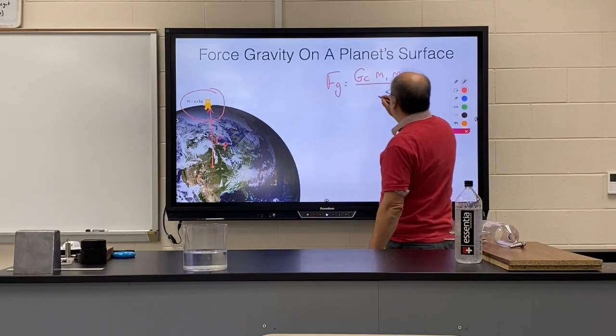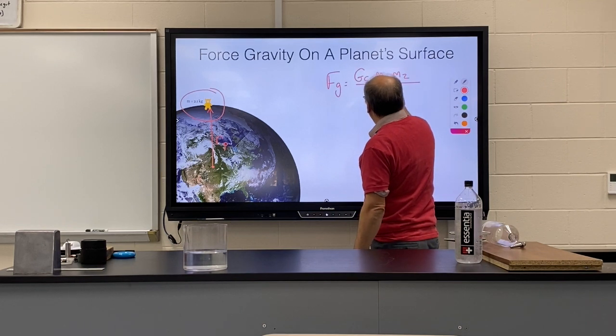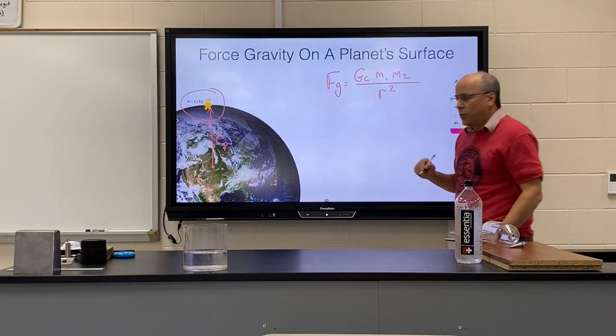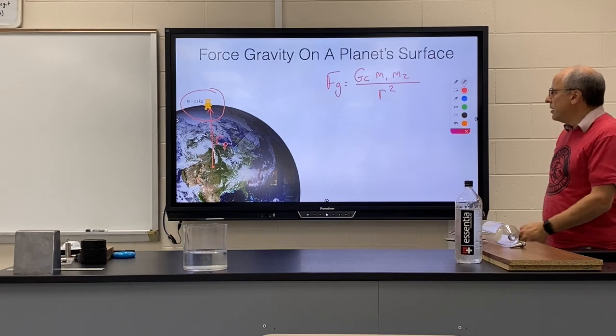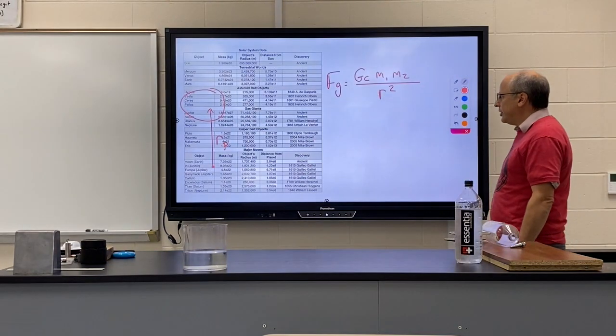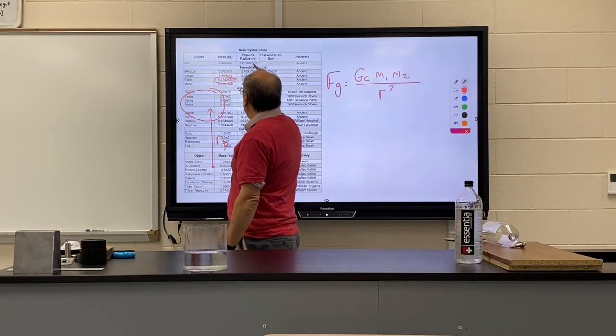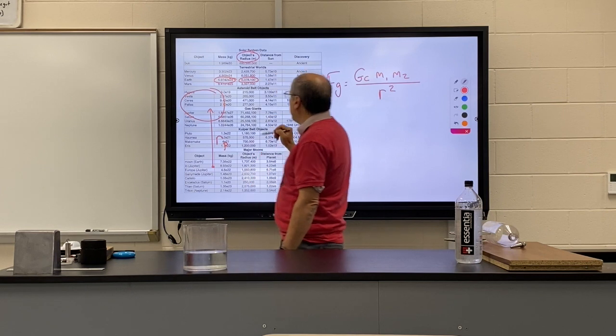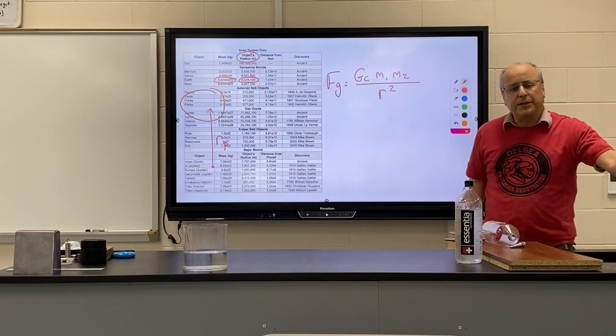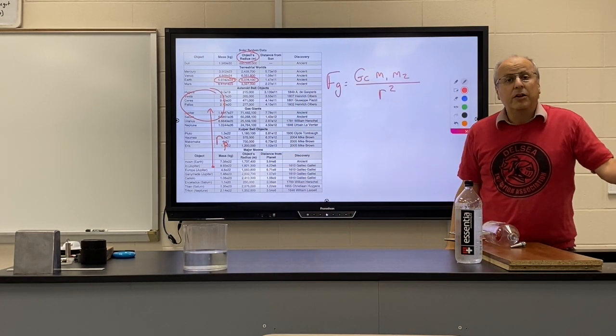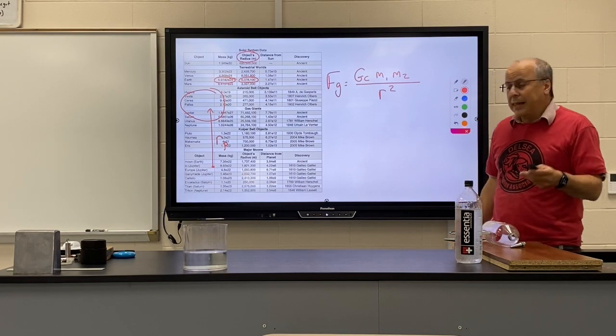And for radius, you want to use the radius of the planet and you square it. Okay? So you go back to your reference sheets. You'd use the mass of the Earth, and this time use the radius of the Earth. So don't put how far it is from the sun or moon, they're unimportant. Use the actual size of the planet.